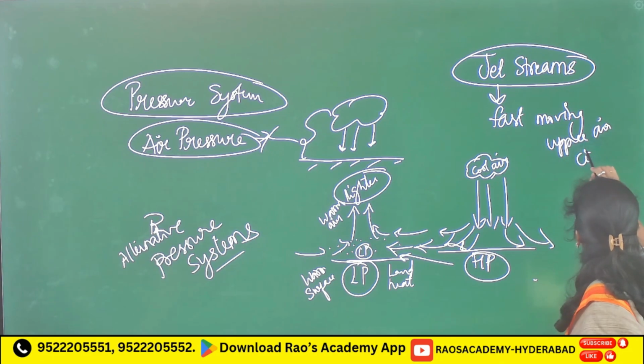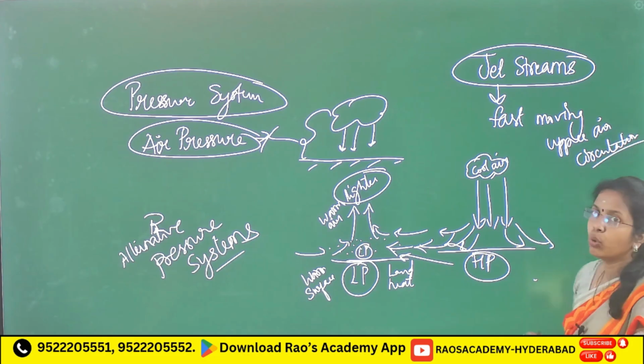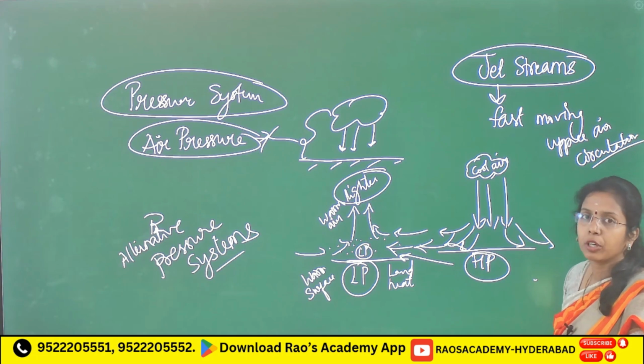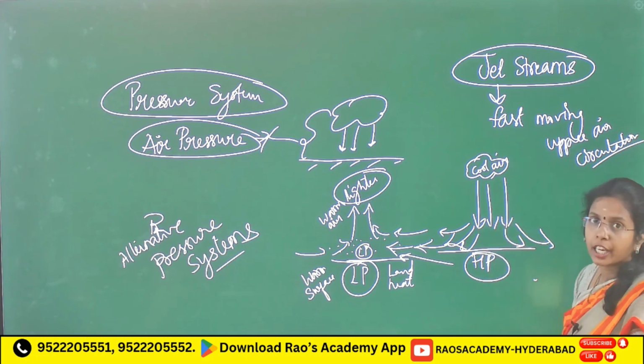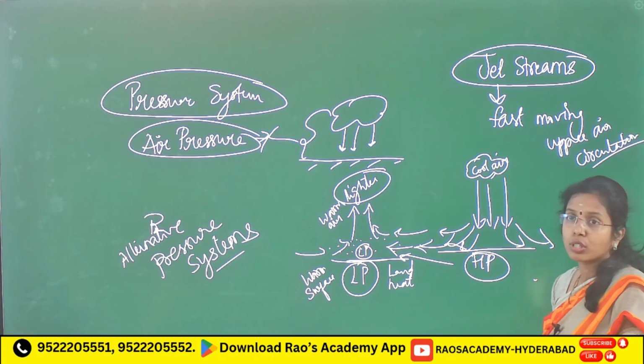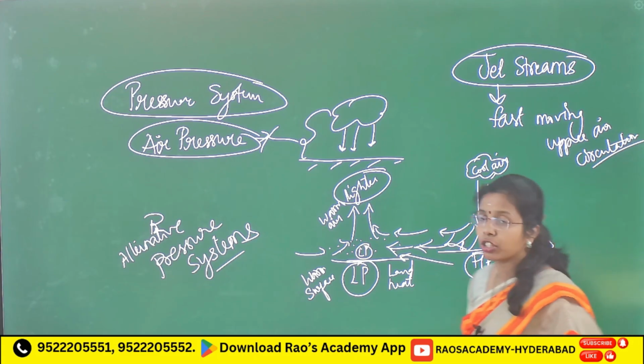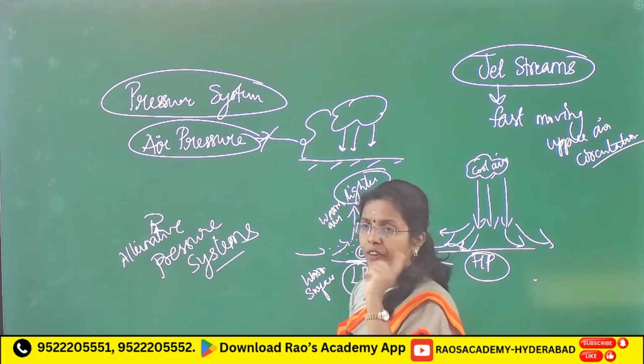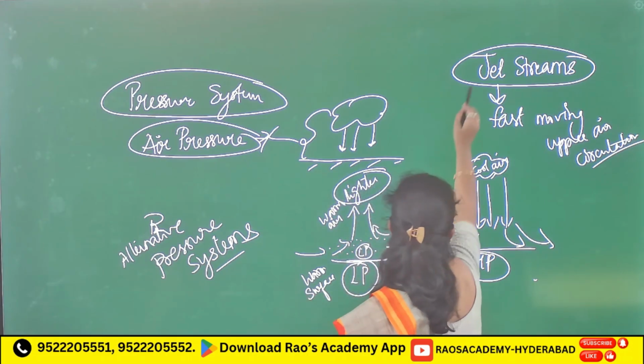We are talking about upper air circulation. They move with very fast speed, because in the upper air you don't see any frictional forces. Friction is not there, no obstruction. Because of that, they move very fast. Those are known as jet streams.